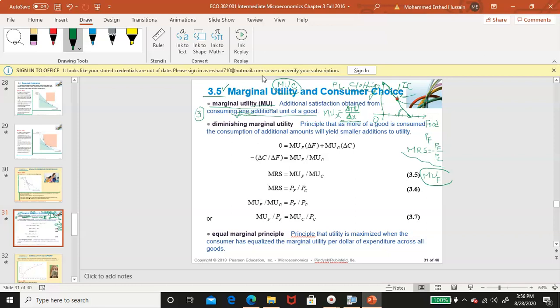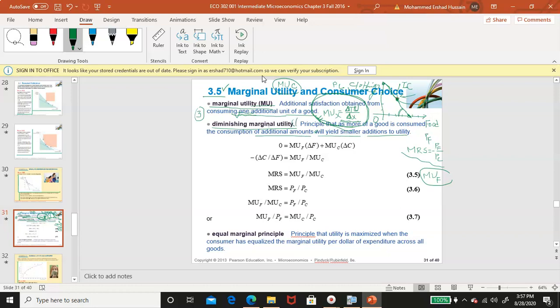And now diminishing marginal utility. We make this assumption, diminishing marginal utility. It says that as more of a good is consumed, the consumption of additional units of the same good will yield smaller additions to utility. Which means that for marginal utility of X, if you consume more and more of X, each successive unit of X will have lower and lower marginal utility.